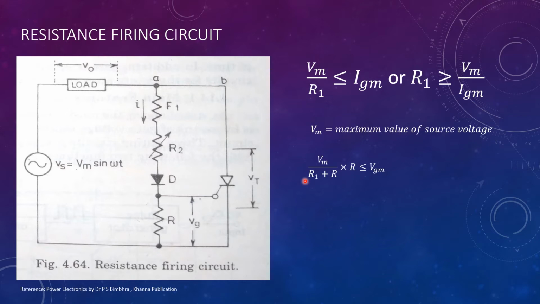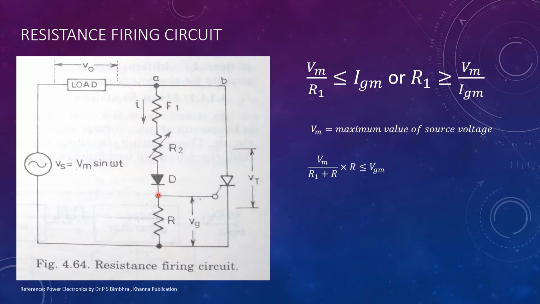Under this condition, the voltage drop across R can be found by the voltage divider rule, that is, Vm into R divided by R1 plus R should be less than or equal to Vgm. Resistances R1 and R2 are large. Therefore, the gate trigger circuit draws a very small amount of current.